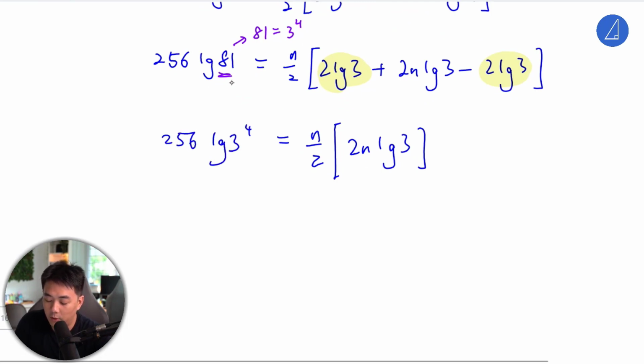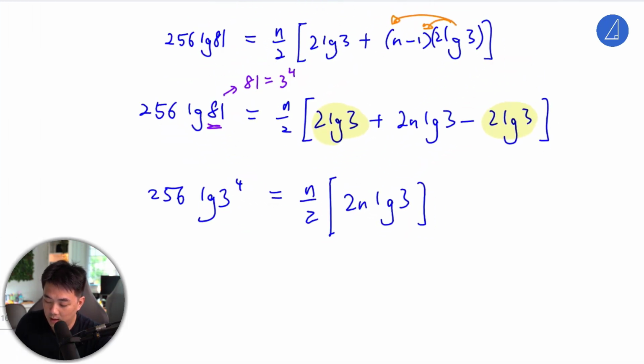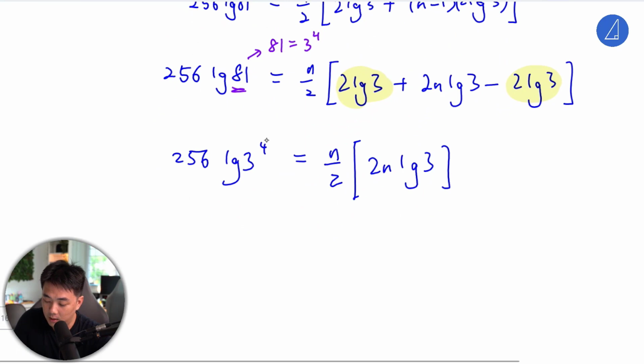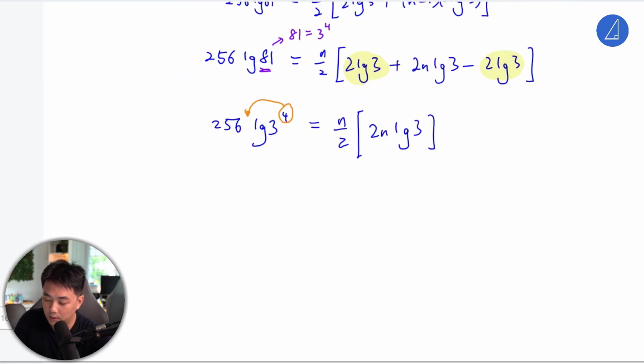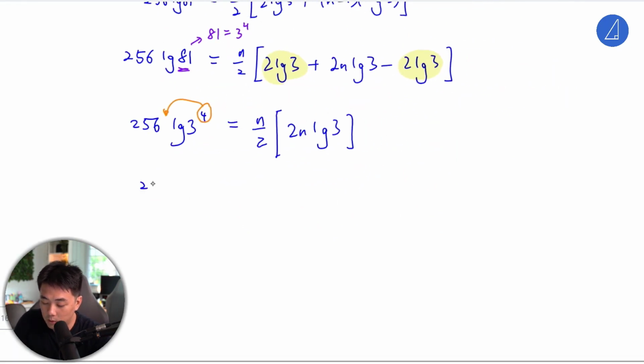So I'm just using 3 to the power 4 here for 81. Then this 4, I could multiply using the logarithm rule, bring it down. So in this case, it's 256 multiplied by 4 log 3 here, and this is n over, okay, then I can cancel this, and I'll get n squared log 3.